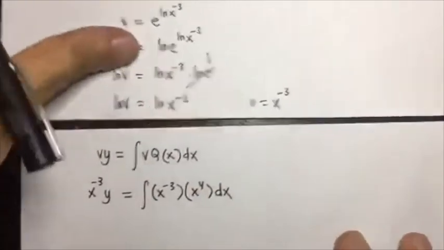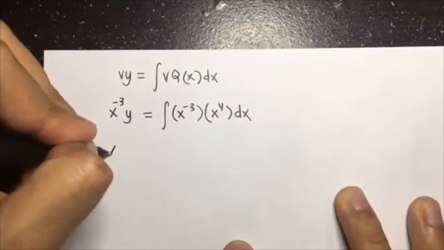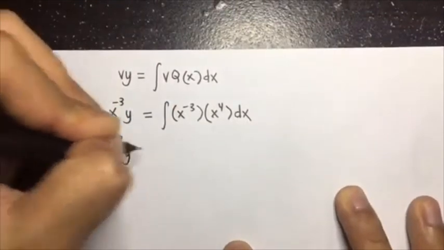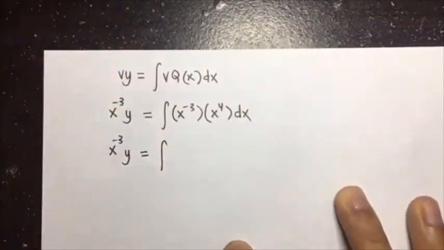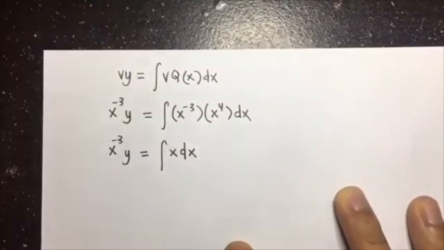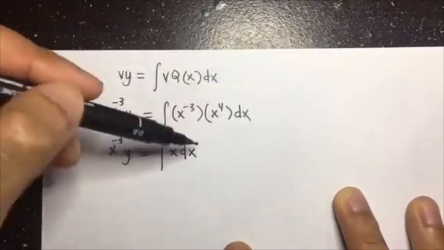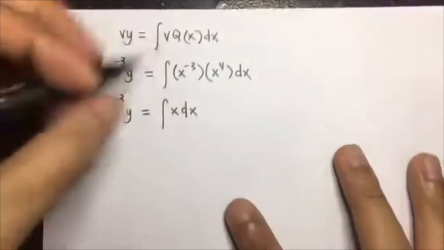Therefore we will have x raised to negative 3 y is equal to the integral of x dx. Simplifying, x to the negative 3 times x to the power of 4 is x, so we can simply integrate this.